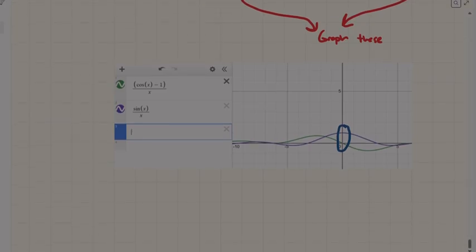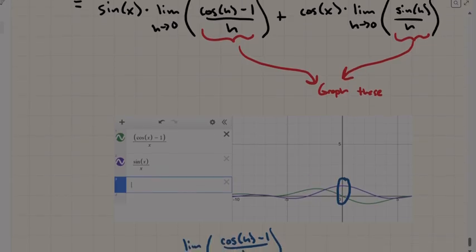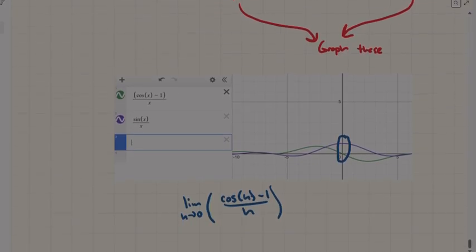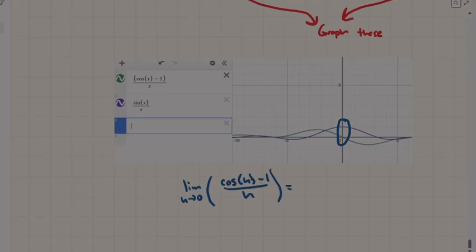And so what this tells us then is that the limit as h approaches 0 of cosine h minus 1 over h, this first term, that's this green line, which has a value of 0.